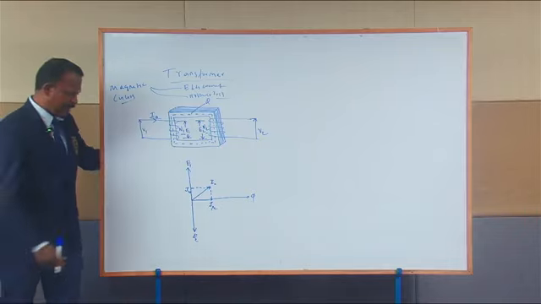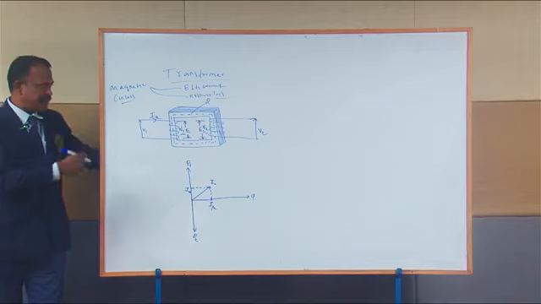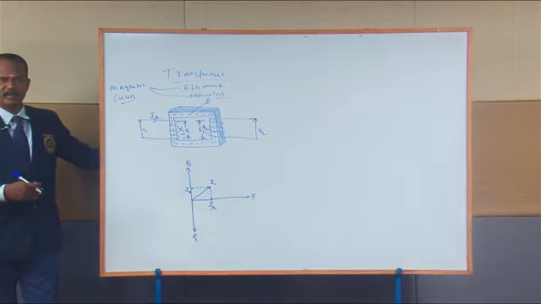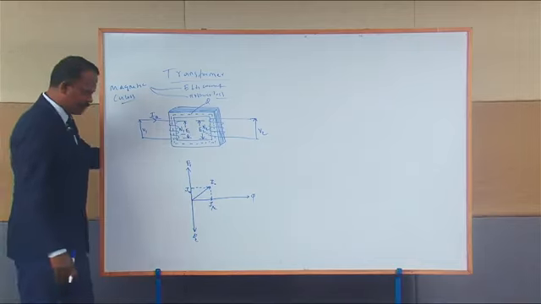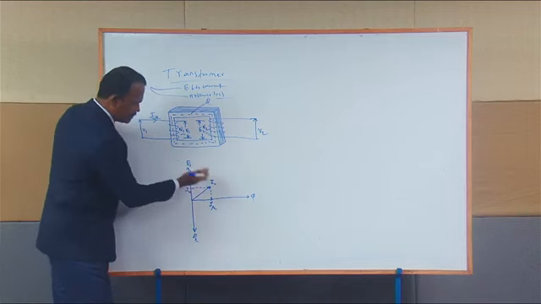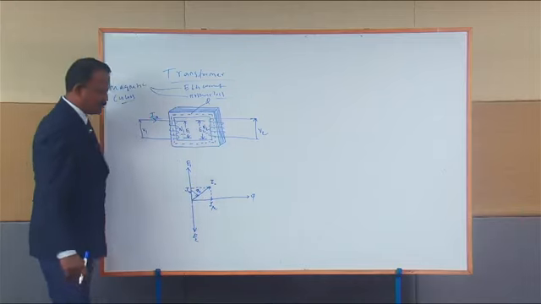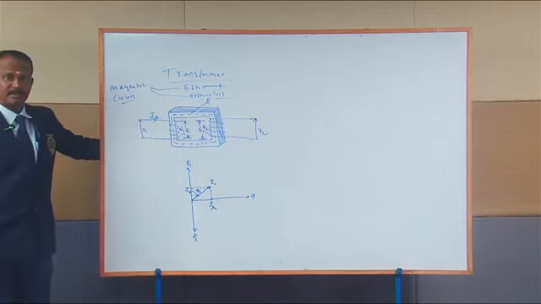This IW will supply the losses during the no load condition. And the angle between E1 and I naught, I call it phi naught.